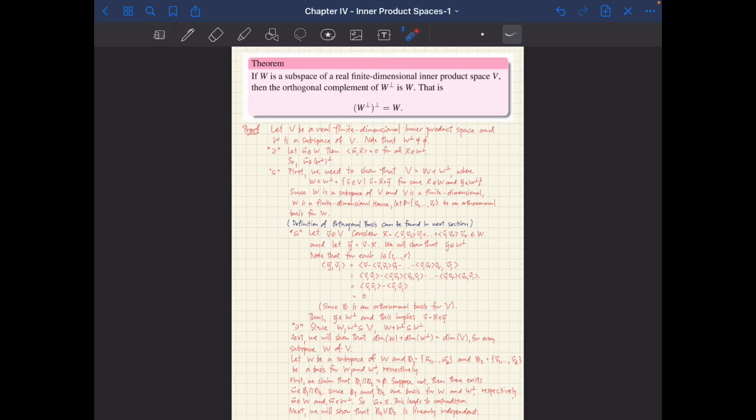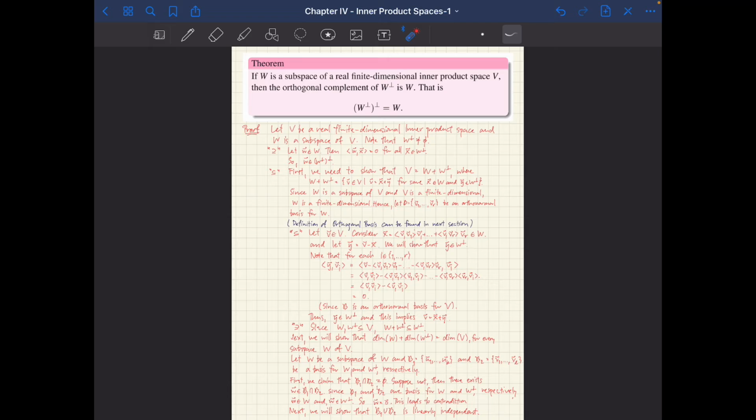Here we need to prove that W perp perp is a subset of W, and W is a subset of W perp perp. The case that W is a subset of W perp perp is very easy.